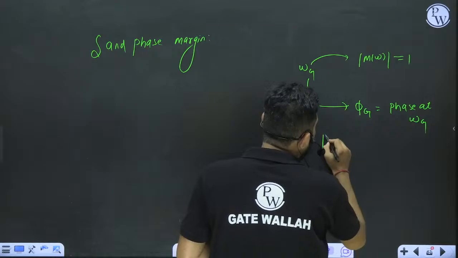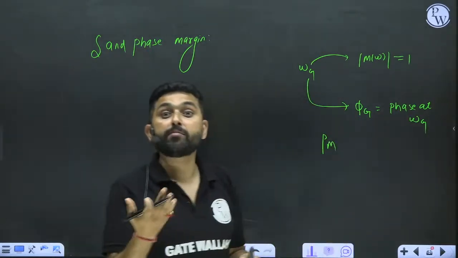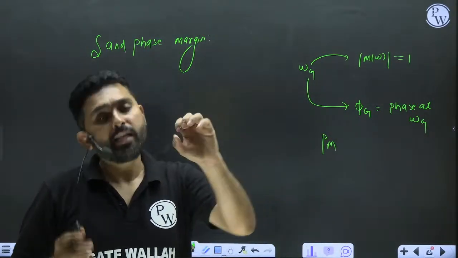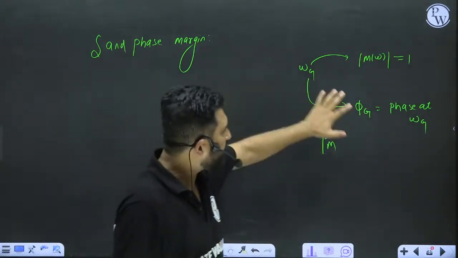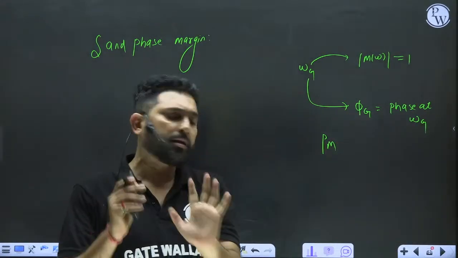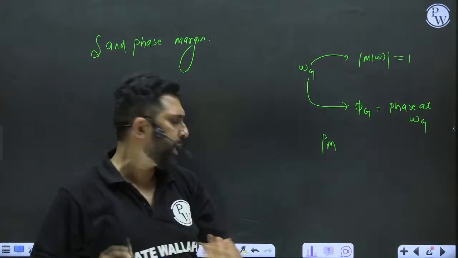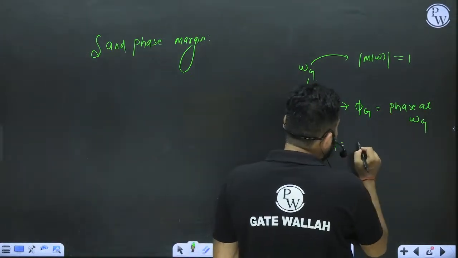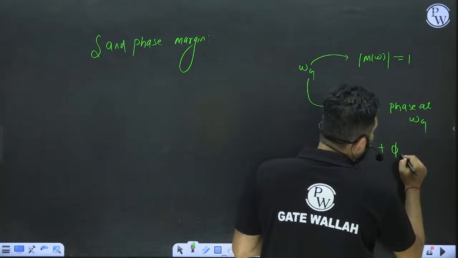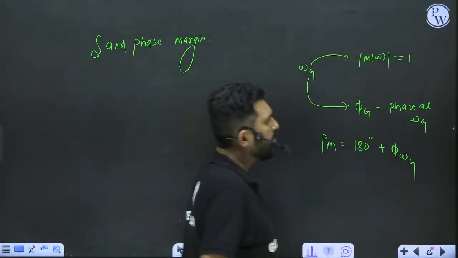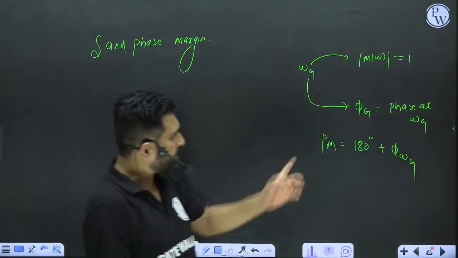Now, what is the phase margin actually? We will see this in very much detail. Gain margin and phase margin are my topic separately. I will tell you the internal meaning of phase margin, but just for the sake of formulae, can you derive that the phase margin is 180 degrees plus phi of omega g?